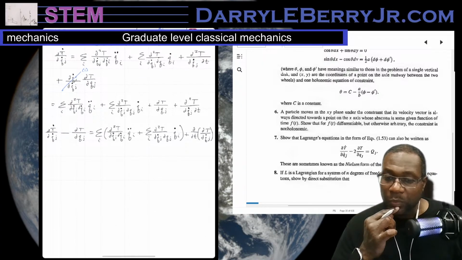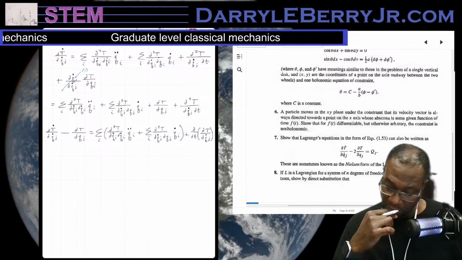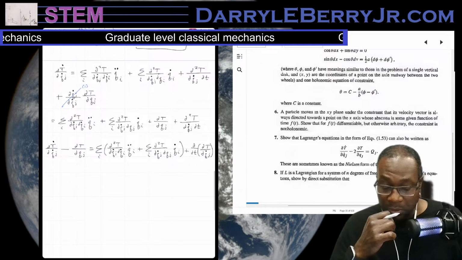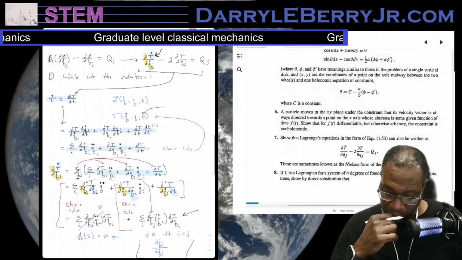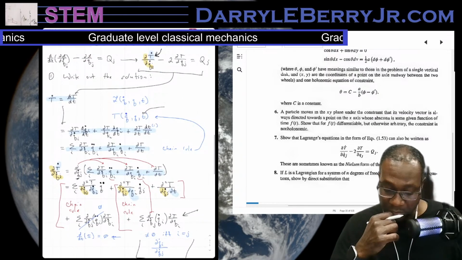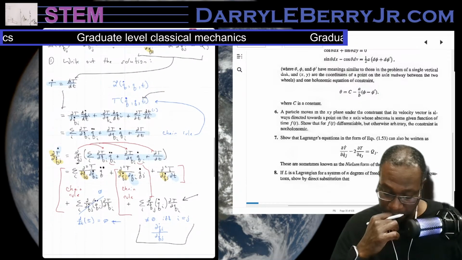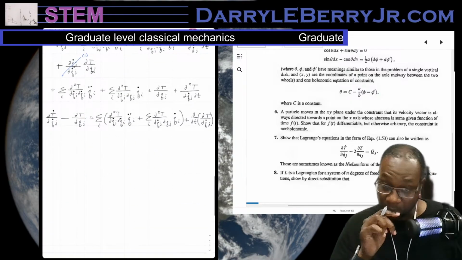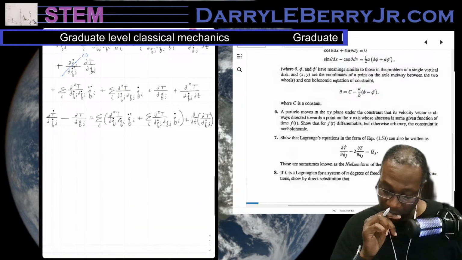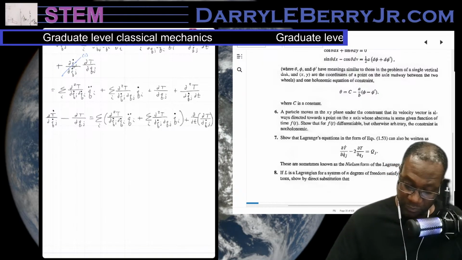I do not think I want to try to work that out. We did a time derivative of T. So how easy is it to show that?